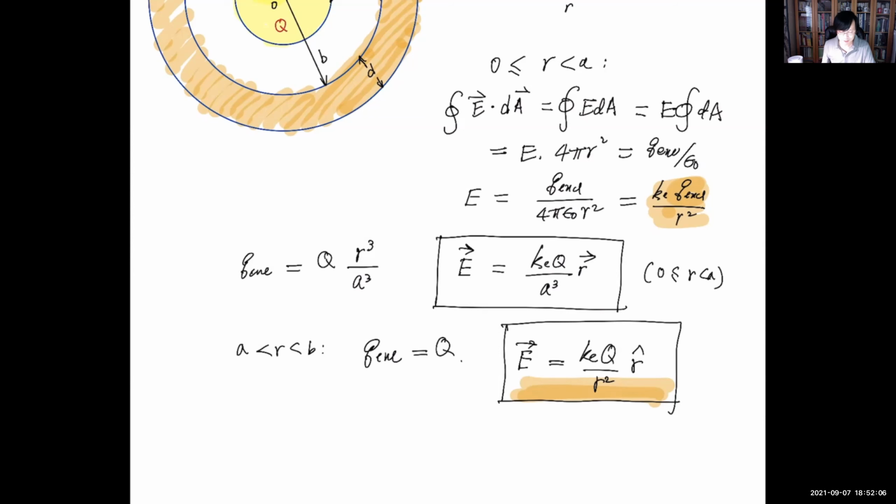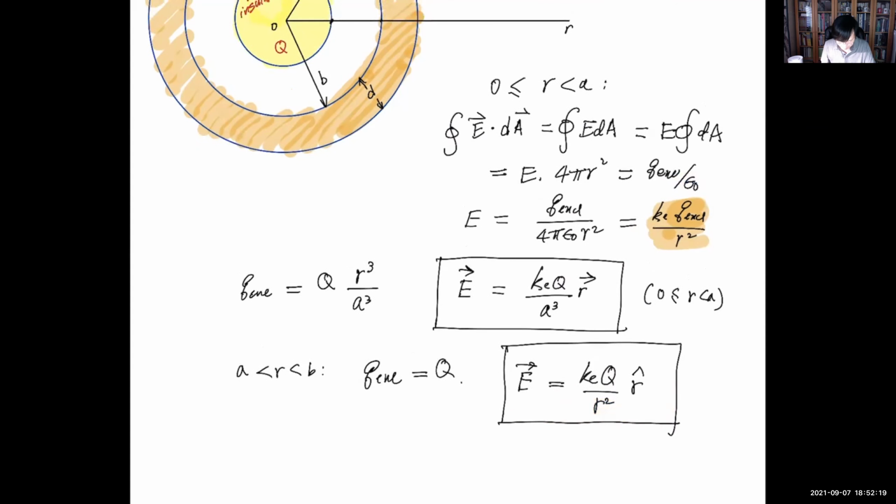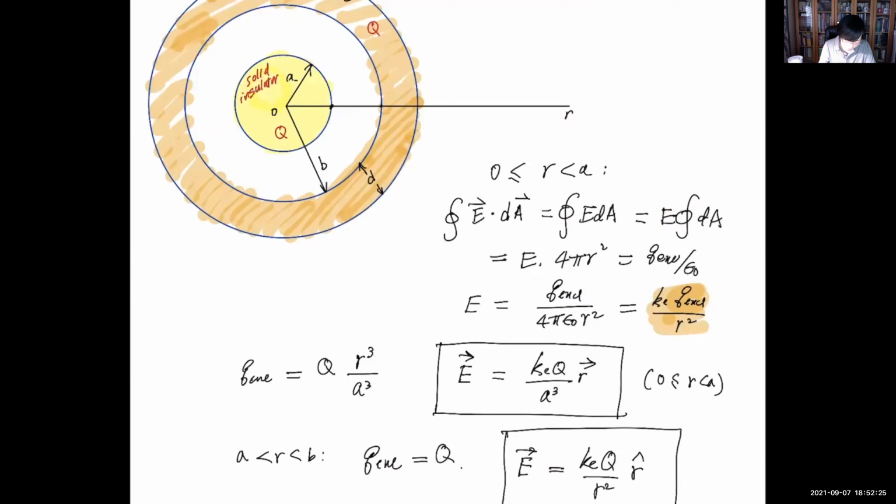You would have the same general formula, and the only difference is how much charge is enclosed, and the charge enclosed is the same. So you wouldn't know whether you have a conducting sphere or an insulating sphere in the middle.